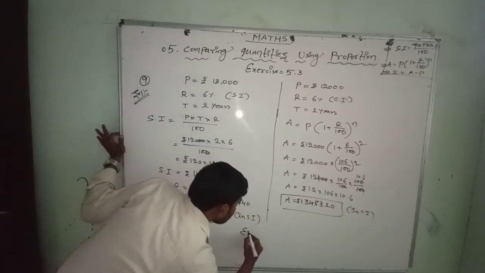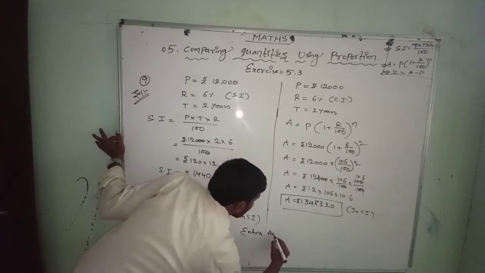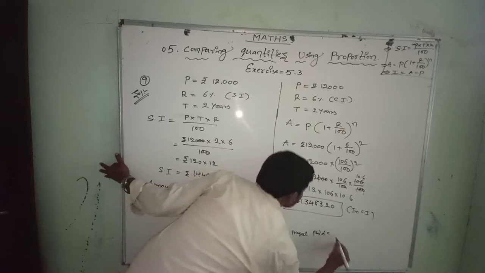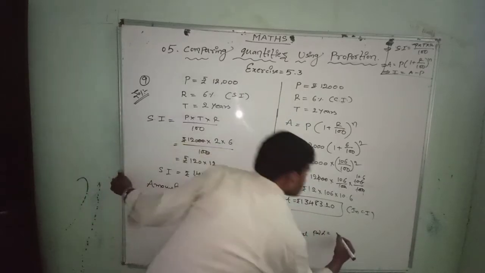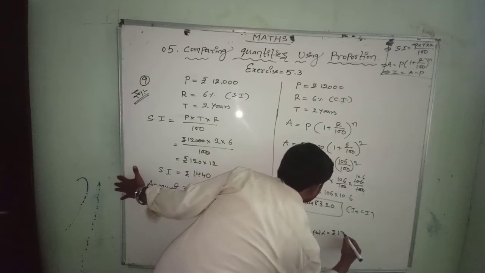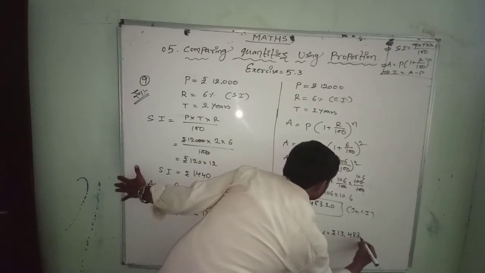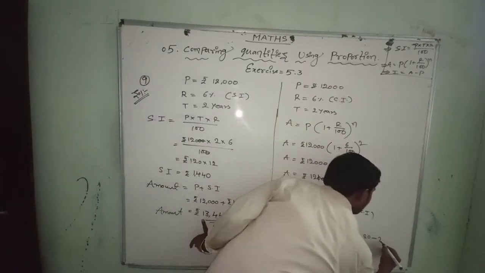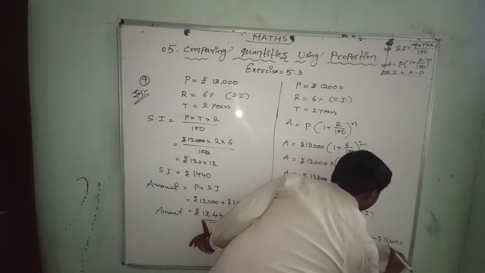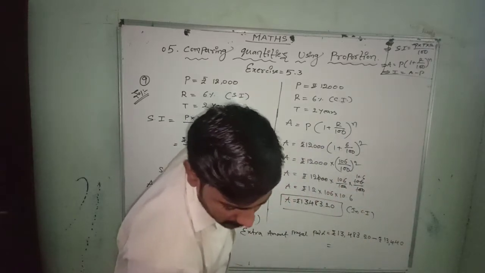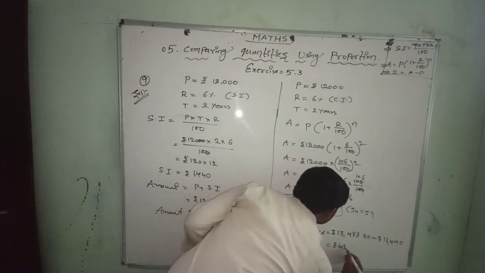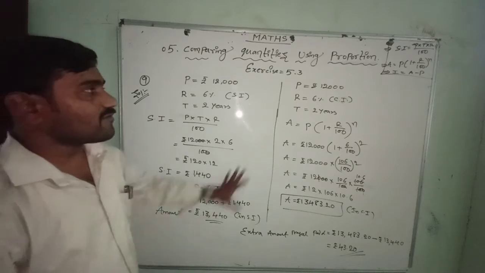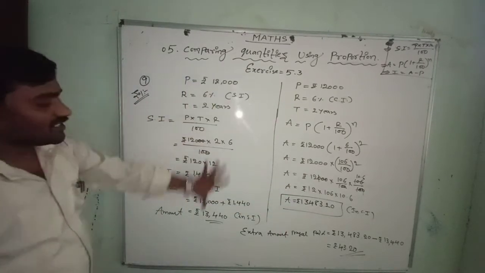The extra amount Prasad paid equals compound interest amount, rupees 13,483.20 paisa, minus 13,440. If you subtract these both, we get rupees 43.20 paisa. He paid 43 rupees 20 paisa extra, because in compound interest we have to pay more, in simple interest we pay less.